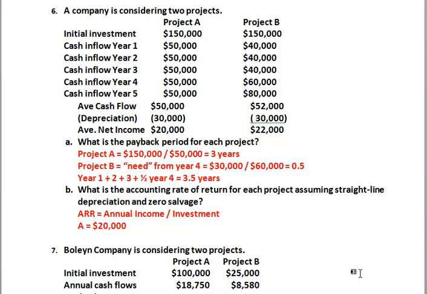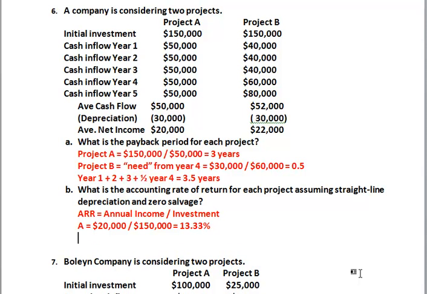So you've got $20,000 of annual income divided by $150,000 of investment. So for project A, it's 13.33%, and then for B, $22,000 divided by $150,000, and that's going to give you 14.7%.